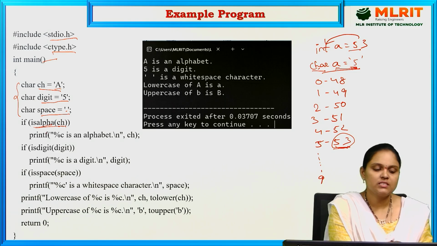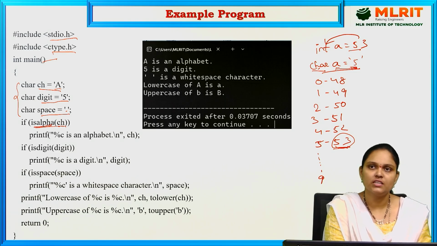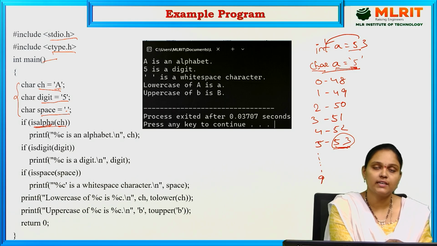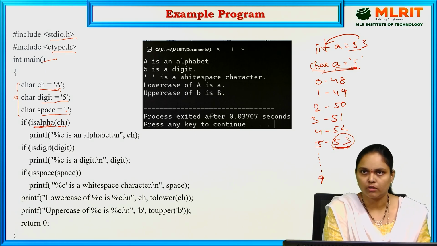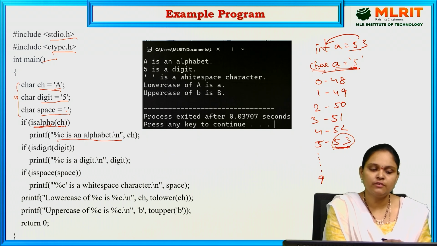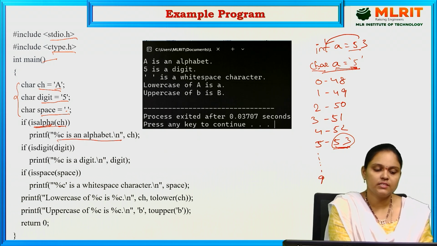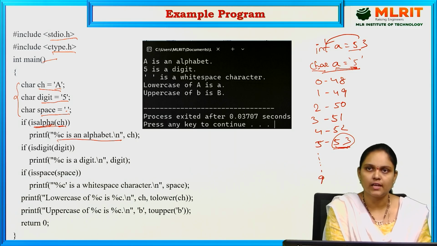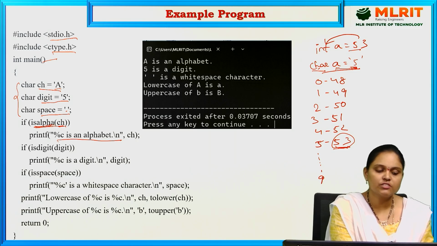So isalpha will check whether that particular character in ch is an alphabet or not. Yes, it is an alphabet, so it will print ch is an alphabet. So the isalpha function will return 1.